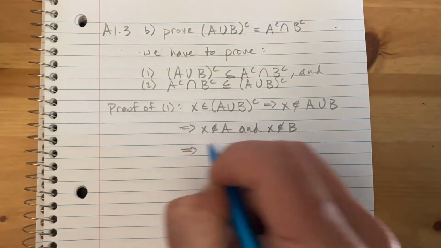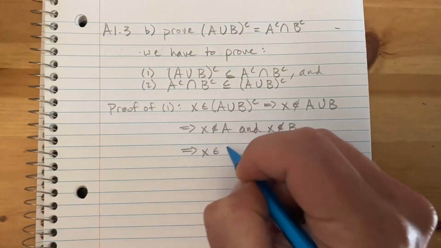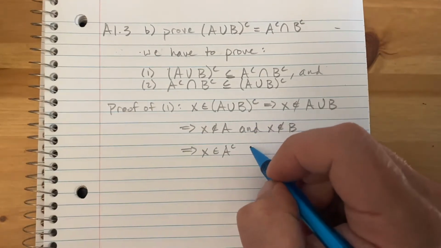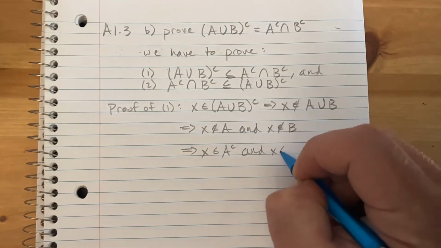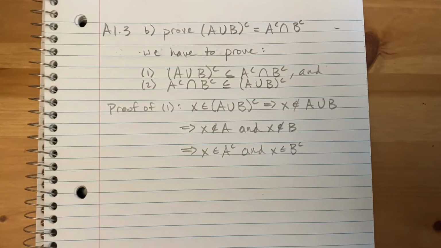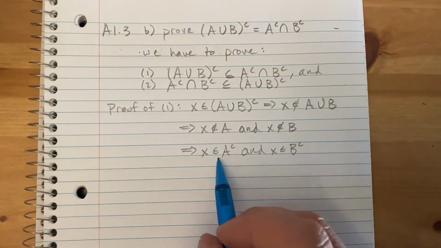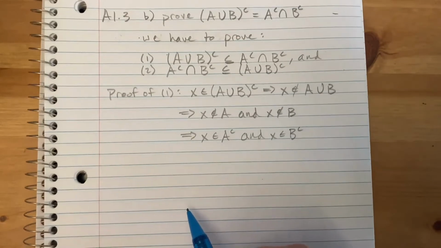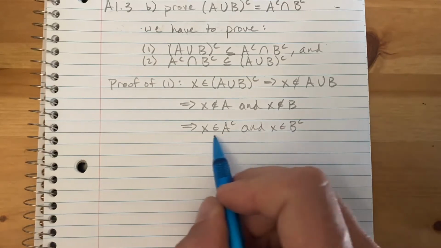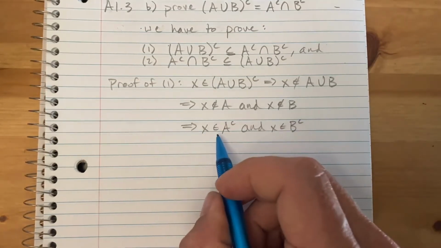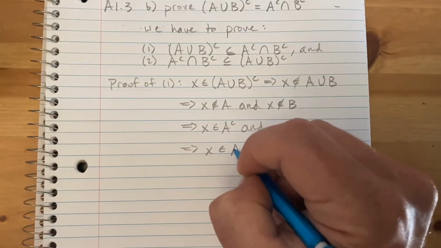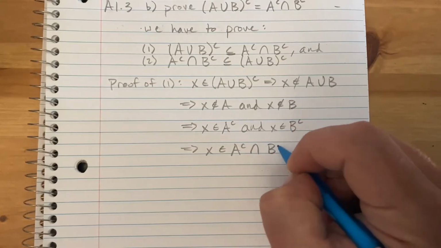This basically implies that X is an element of A complement and X is also an element of B complement. So that excludes everything that's in A and B. And this basically is the definition of intersection. So this implies that X is an element of A complement intersection B complement.